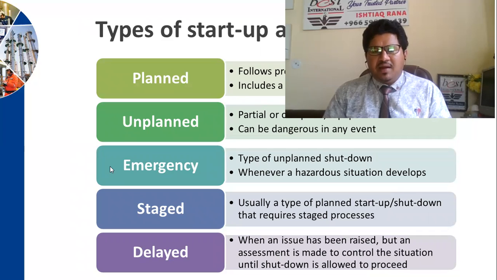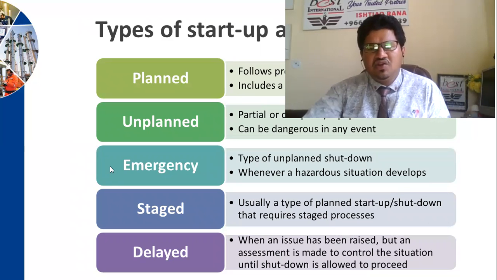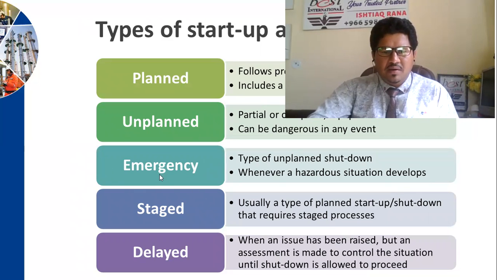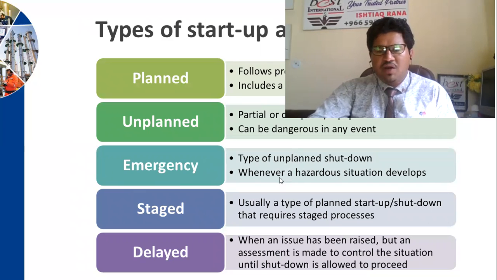If it is planned, that means you need to follow a predetermined control sequence, which includes a risk assessment also. Unplanned is a partial or complete equipment malfunction, which can be dangerous in any event. Another point is emergency, a type of unplanned shutdown, whenever a hazardous situation develops.